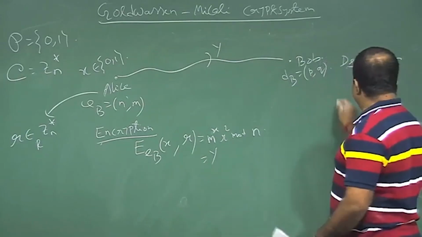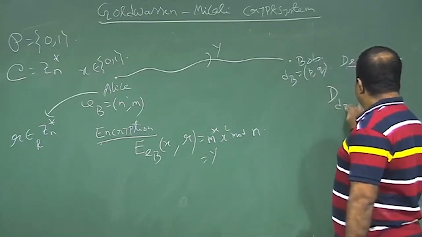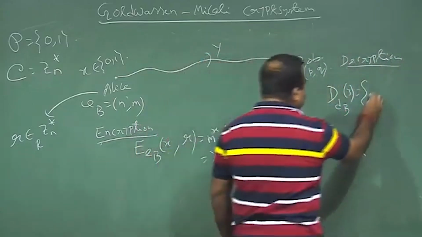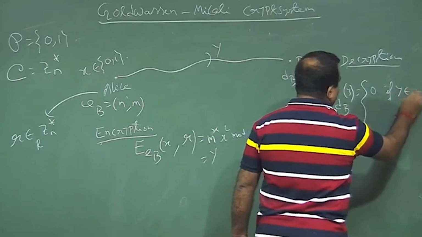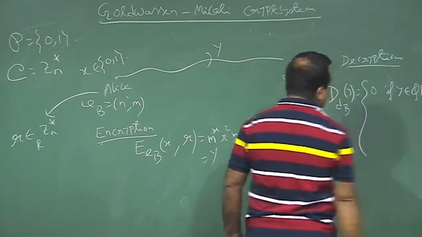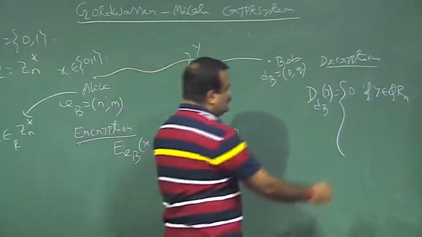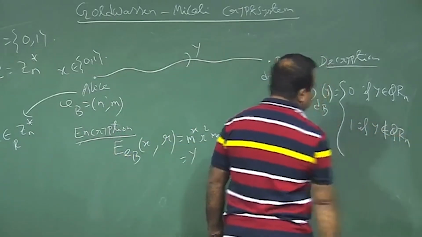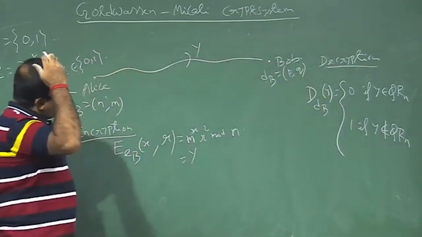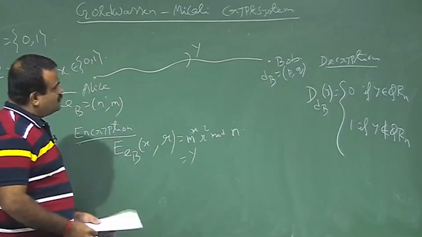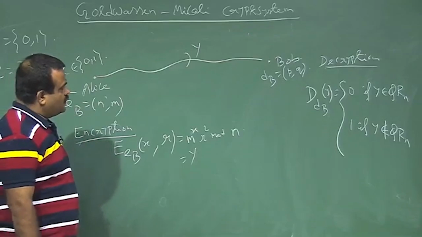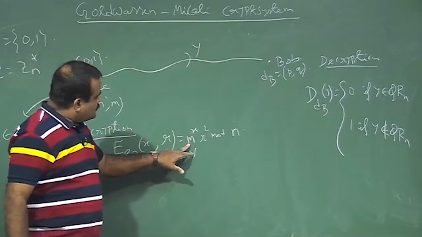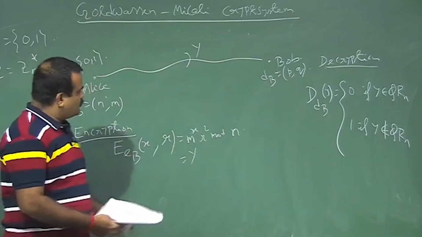So the decryption of DB on y is 0 if y is a quadratic residue mod n, and 1 if y is a quadratic non residue. Because if x is 1, then this is m times r square, so it cannot be the square of something.